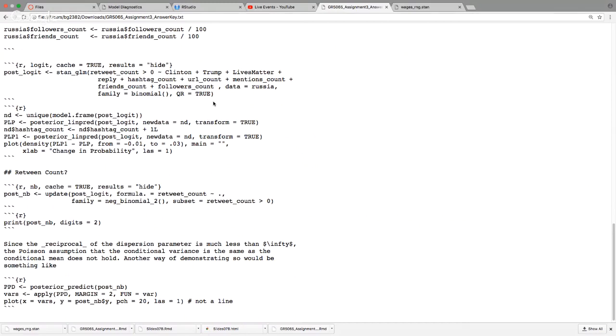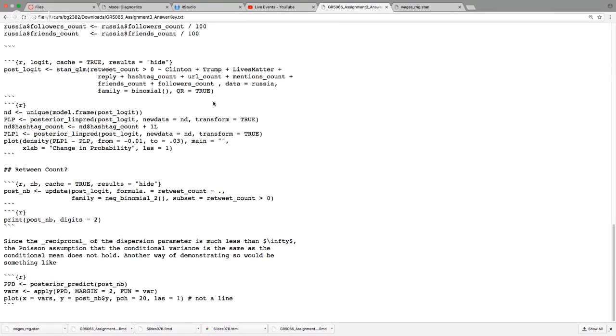Okay. And so then there was a question: how would you demonstrate the effect of something in a substantively reasonable way? So we can just create a new data set based on the unique observations among the data set that we used. Call posterior_linpred with that to get a baseline for the probability of retweeting.